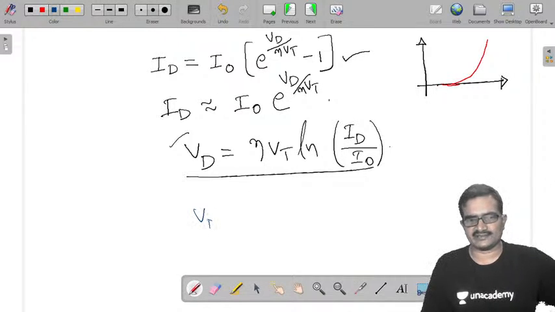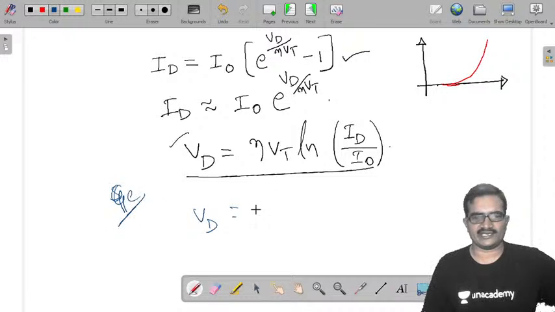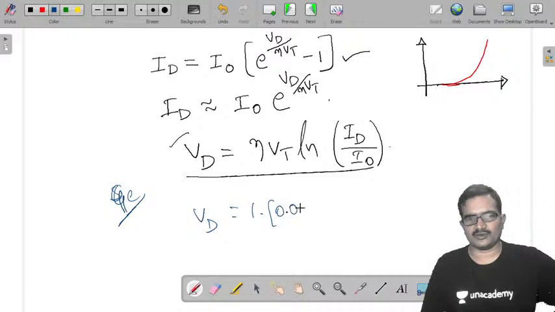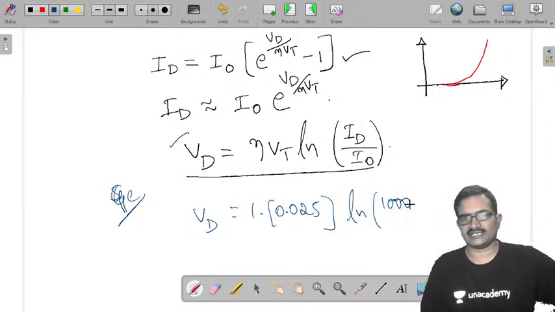In that case, I am taking a germanium diode. For a germanium diode, eta is 1, Vt is 25 millivolts, that means 0.025 into ln of 1000, because ID is 1000 times I naught.